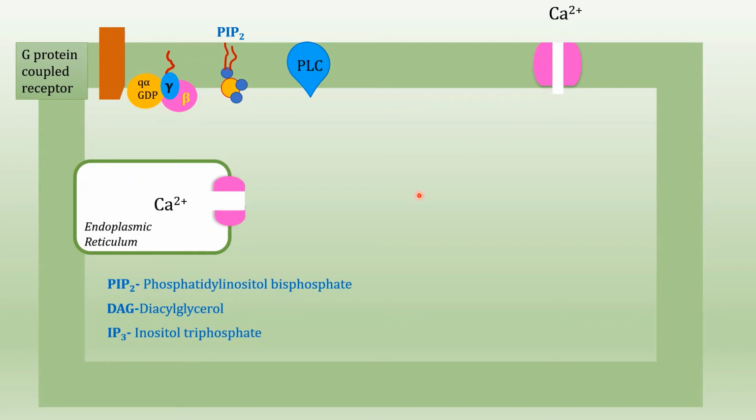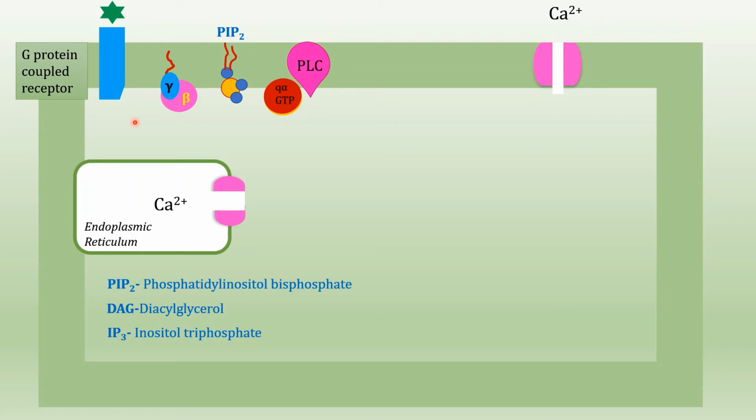When a hormone like epinephrine binds to this G protein coupled receptor, that is the alpha adrenergic receptor, there is a conformational change in the receptor. The GDP bound to the alpha subunit is converted into GTP, and it dissociates from the beta and gamma subunits and goes to the effector.